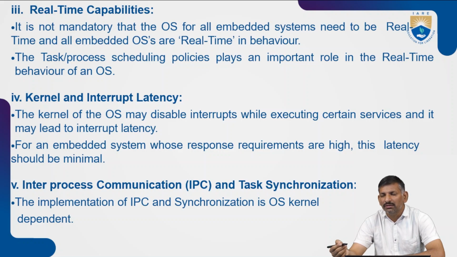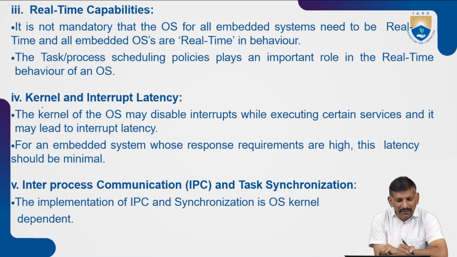Priority-based scheduling, shortest job first scheduling, round robin scheduling, first in first out scheduling, last in first out scheduling, or preemptive or non-preemptive scheduling algorithms. Which scheduling algorithm is the best for a particular design or requirement?